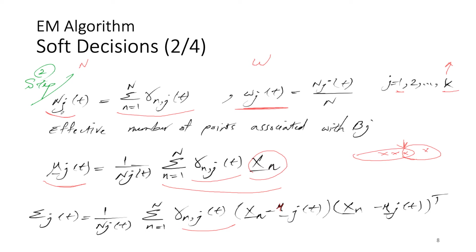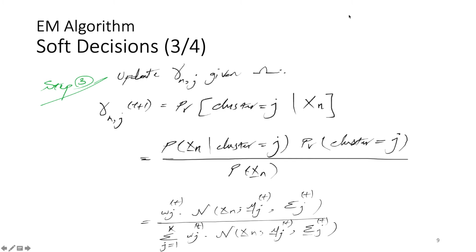So the whole step 2 is estimating the parameters, right? All the parameters of the normal distribution. So now we go to step 3, and now we have to update this given that estimate of omega, right? So given the one that we calculated at step 2.